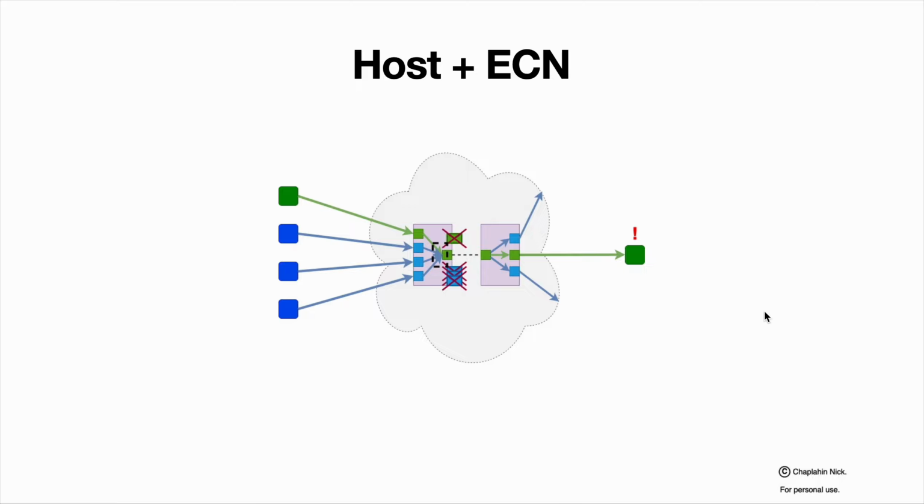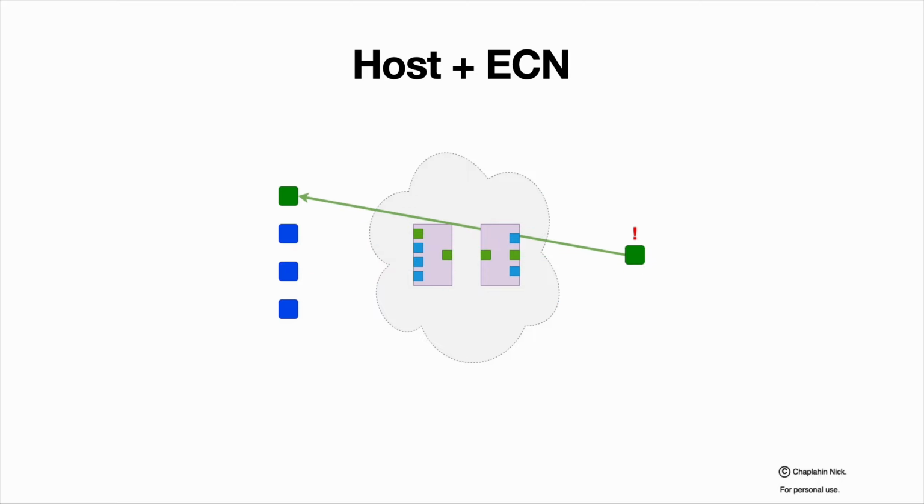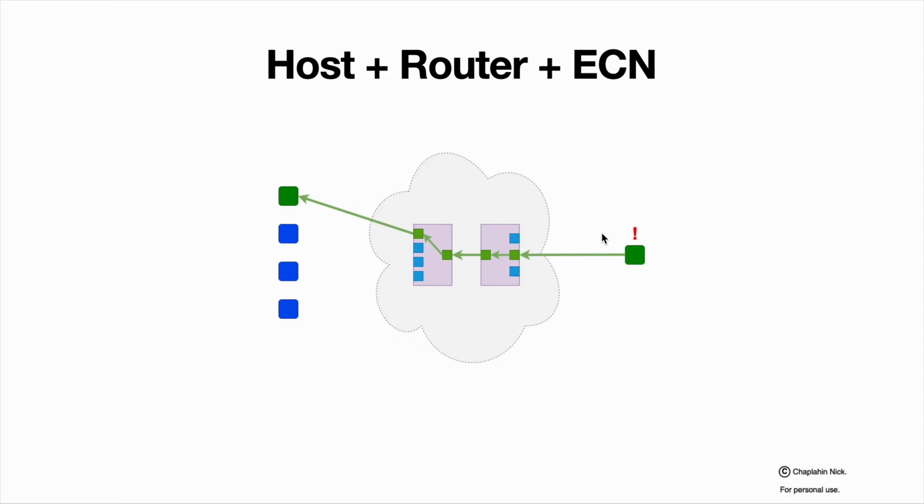Then, if the receiver and transmitter support ECN, they start communicating in order to somehow reduce the traffic, or bring all losses to zero. They communicate back using the TCP protocol with ECN information, but this ECN information is out of scope of this video. This is host-related ECN.